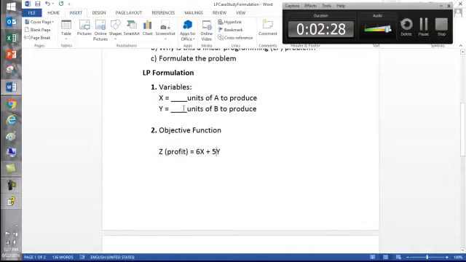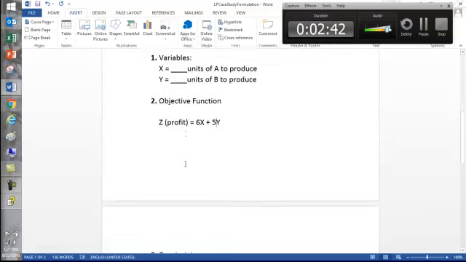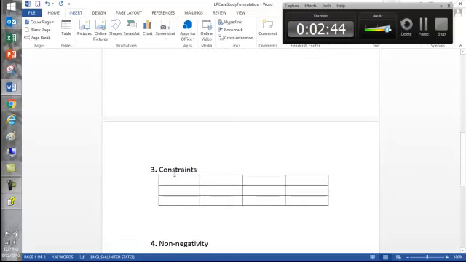So we have the variables, what we're trying to determine in this case study. We have the objective function, and if you remember, it's a linear programming problem because we're trying to make the best decision given limited resources. So step 3 is to specify the constraints, or limited resources.